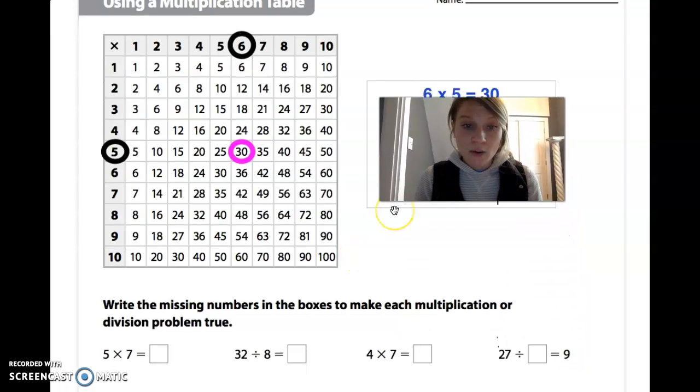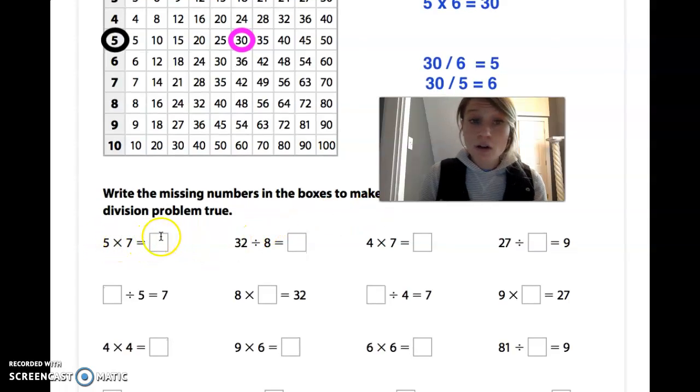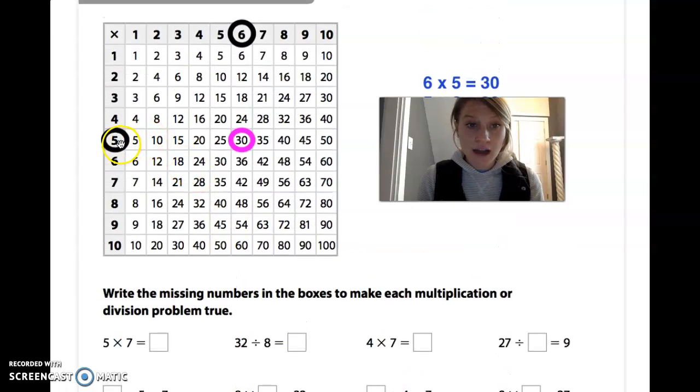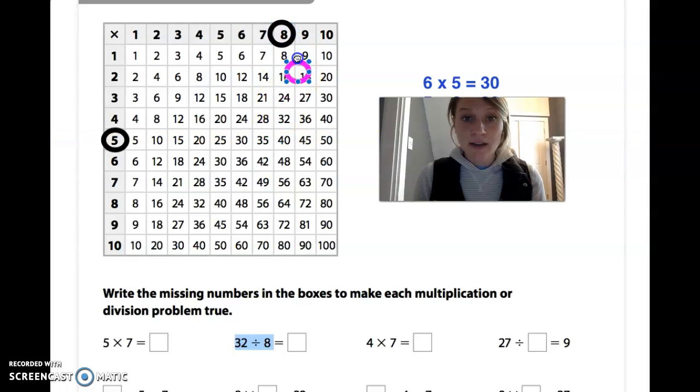Now, let's go ahead and look. So you have to find the missing numbers. So 5 times 7. If you don't know that, go to your chart. 5 times 7 equals, found it, 35. Now look at this one. 32 divided by 8. So what I do is I go to my 8 and I go down until I see 32.